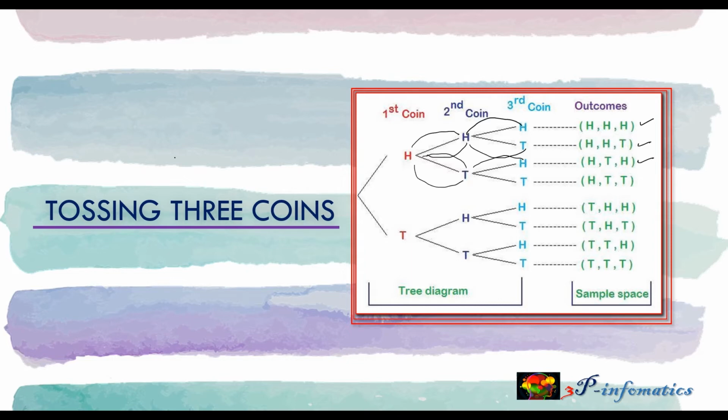Head, tail, tail. Tail, head, head. Tail, head, tail. Tail, tail, head. Tail, tail, tail. So, the number of elements in the sample space we get as 8.